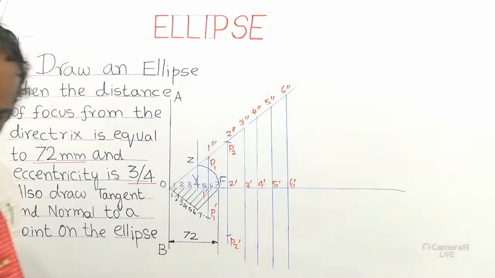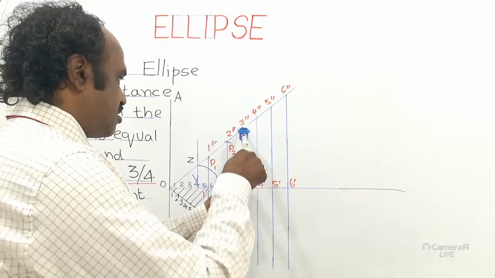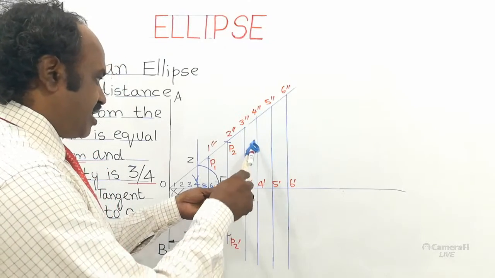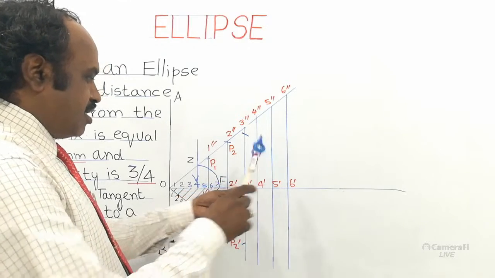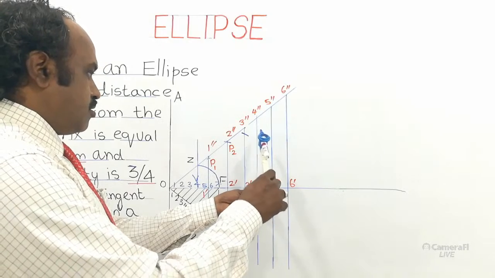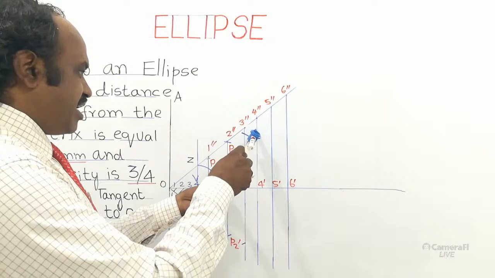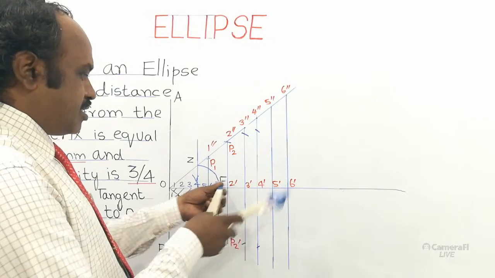So now using the compass, take the 3 dash, 3 double dash distance, keeping F as center, cut an arc on the 3 dash, 3 double dash vertical line, above and below the axis. Next 4 dash, 4 double dash distance, keeping F as center, cut an arc on the 4th vertical line, above and below the axis.